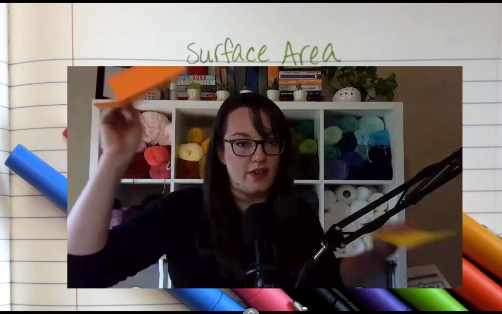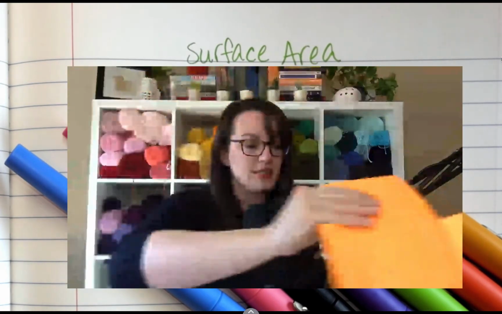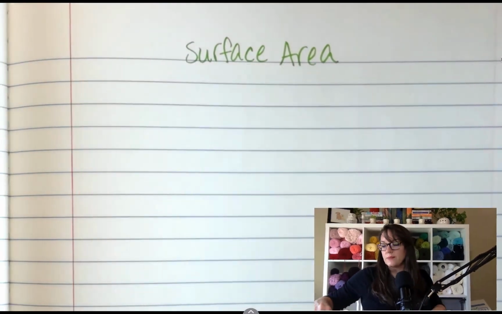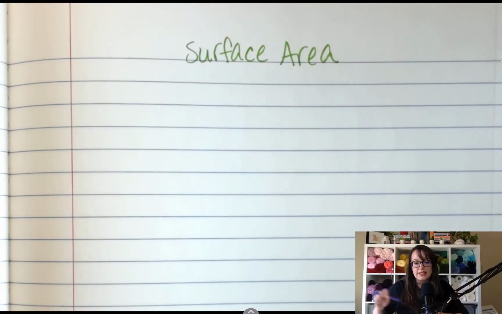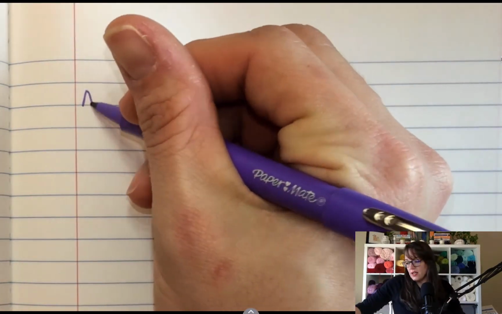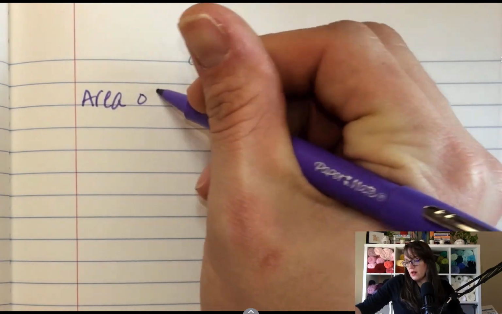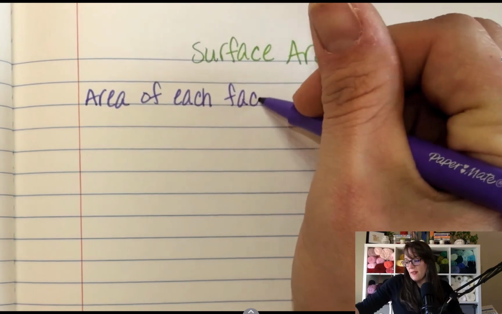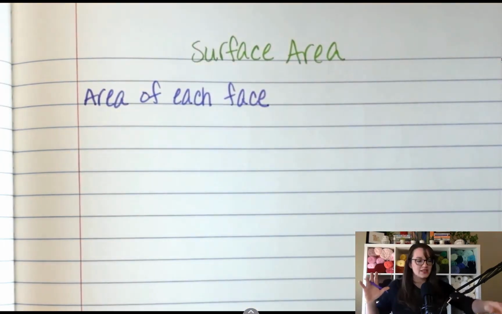All right, so now that you've seen nets, now let's get into how we do this. So surface area is the area of each face on a 3D figure, and a face is just a side.